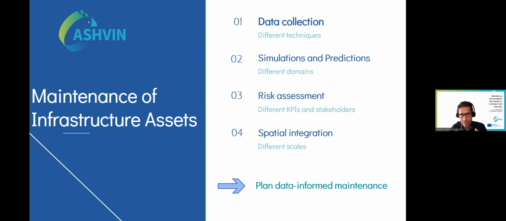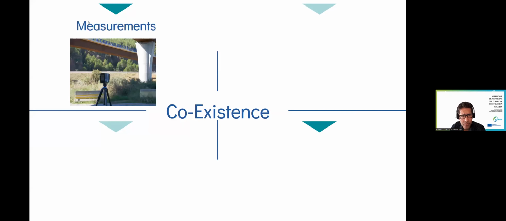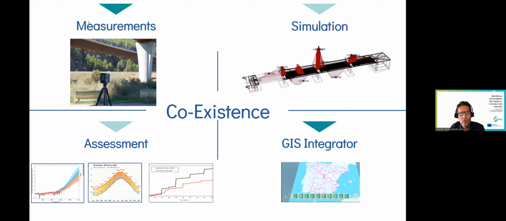Again, I insist, the idea is to assist the generation of data-informed maintenance plans. So the coexistence of measurement, simulation, assessment together in a geographical system, an information system, is a big challenge.